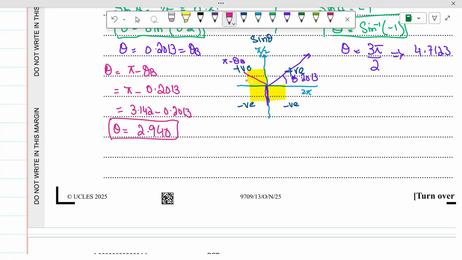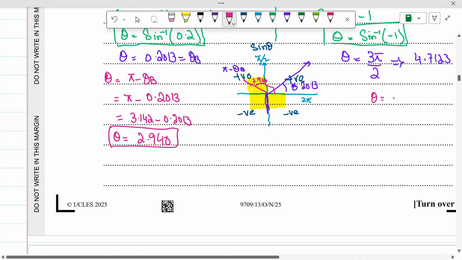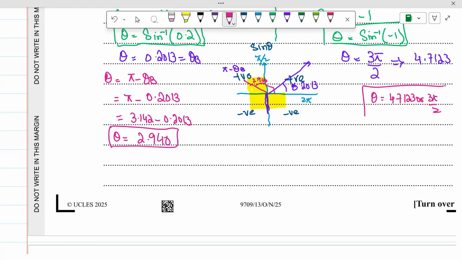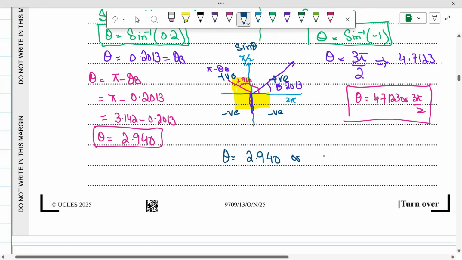So the angle here is 2.940. In the other case, we get the angle 4.7123, or 3 pi by 2. So we have the solution, theta equal to 2.940 or 4.7123.